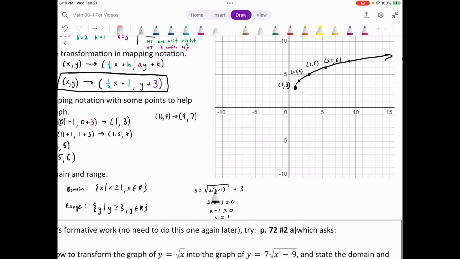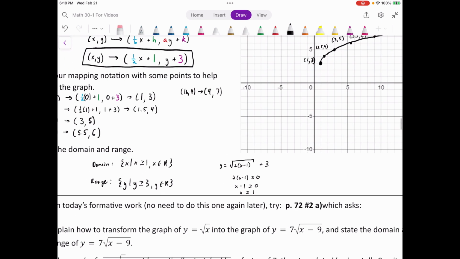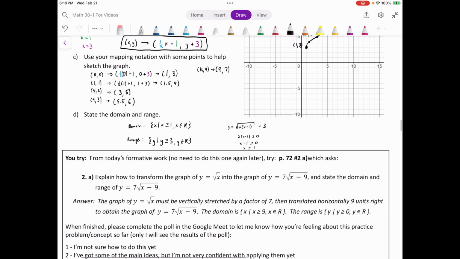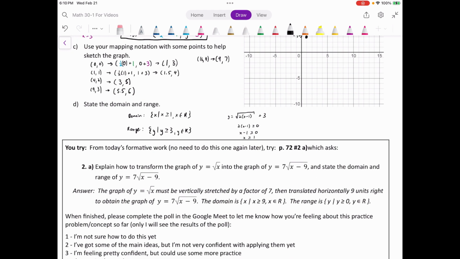If I make x 1, then I have the square root of 0, which is just 0, plus 3. So when x is 1, y just ends up being 3. From there, as x gets larger, y just gets bigger and bigger. So we see that coming out there as well. So that confirms that our range would be all y's such that y is greater than or equal to 3, like our graph showed us.